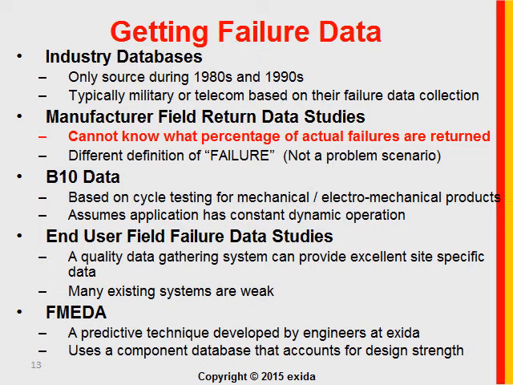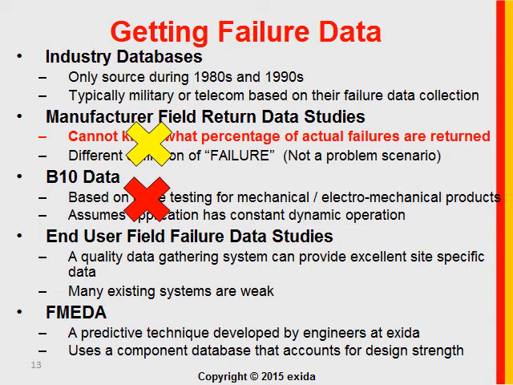There is the B10 approach used in mechanical and electromechanical products, primarily out of the machine safety arena. But you've got to remember, machines typically move fast, and the primary failure mechanism is wear out. And so we've concluded, of course, that you have to be very careful about manufacturers' field return studies, and B10 cycle testing has no place in the process industries and is extremely dangerous.